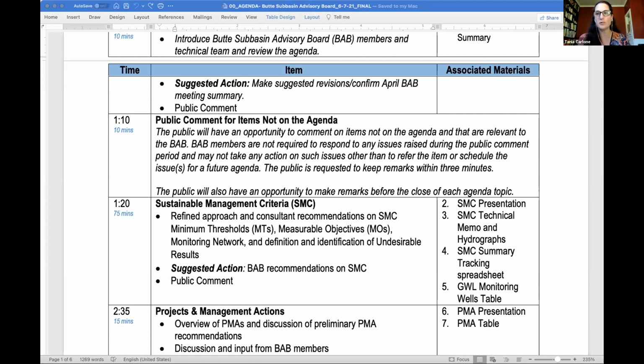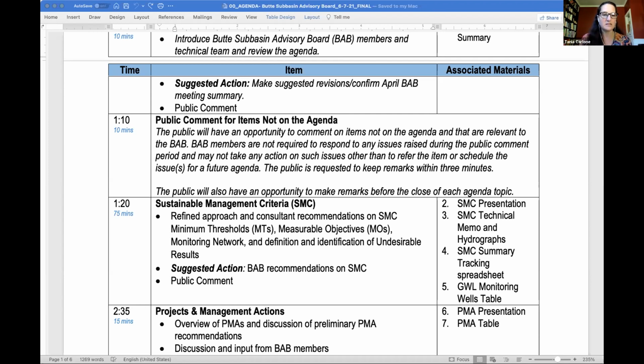We will then spend just a brief amount of time, because we anticipate today's discussion really needs to be focused on the SMC, on the projects and management actions, giving you an overview of the PMAs and for the technical team to provide preliminary PMA recommendations so that we can have some initial input, just to make sure that we're on the right track, so that the technical team can go away from this meeting and continue to work on developing the PMA chapter.